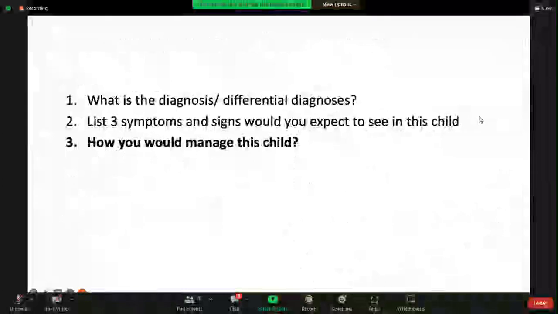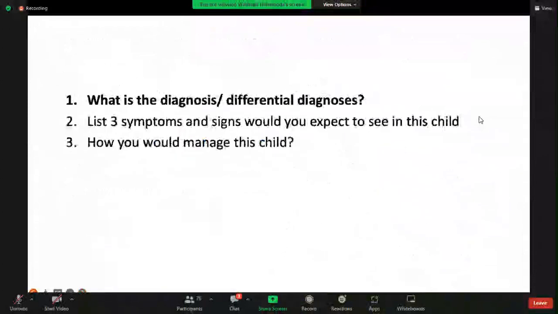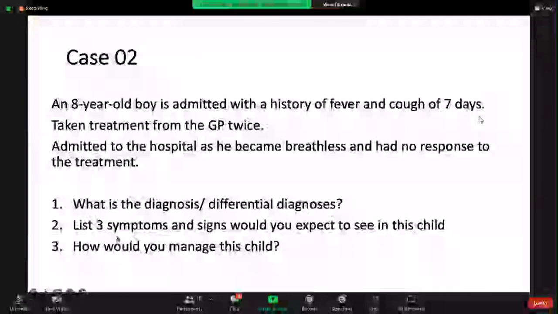Right, okay. So then, how would you manage? This is your case scenario. So how would you manage this child? Again, list out the steps in the management.